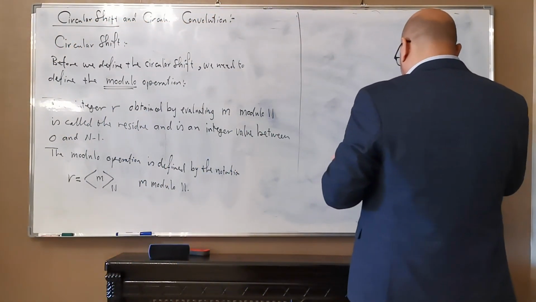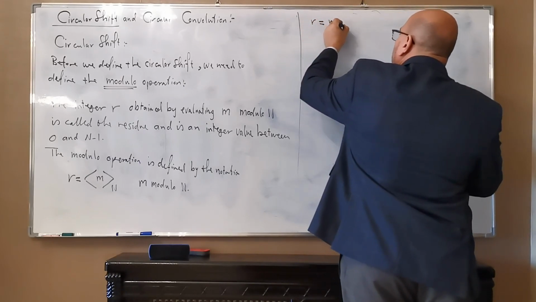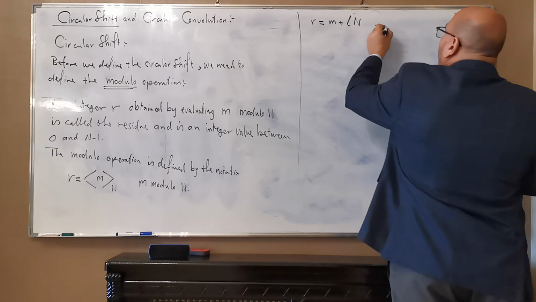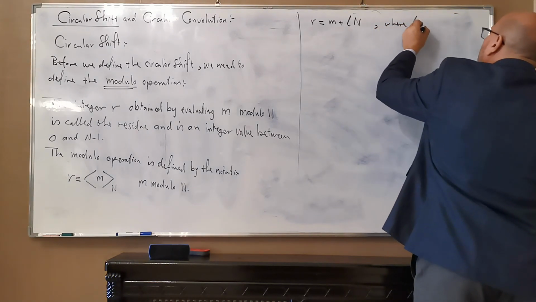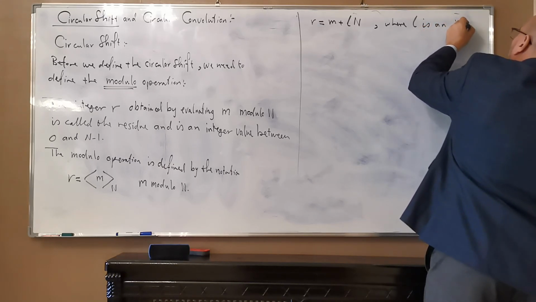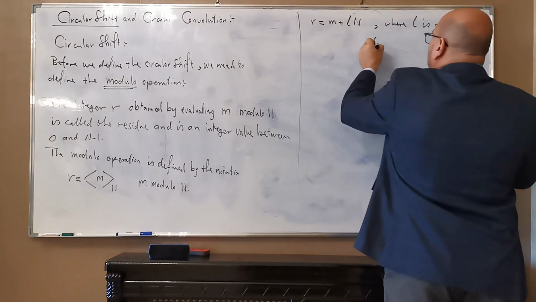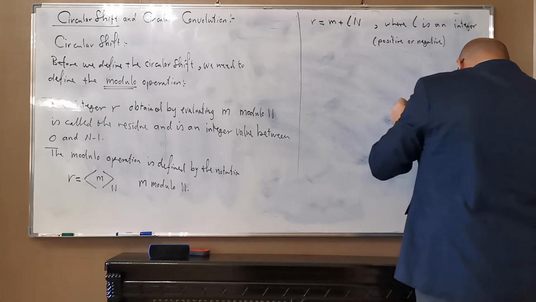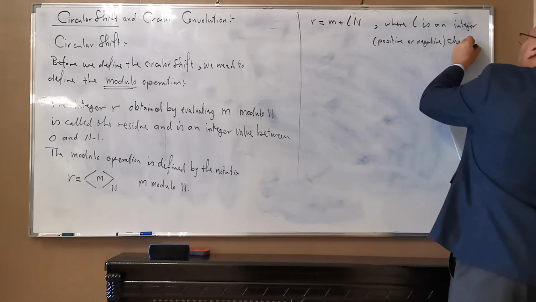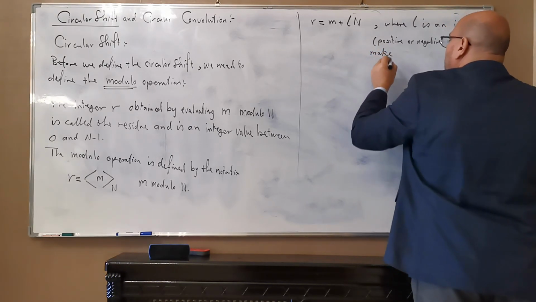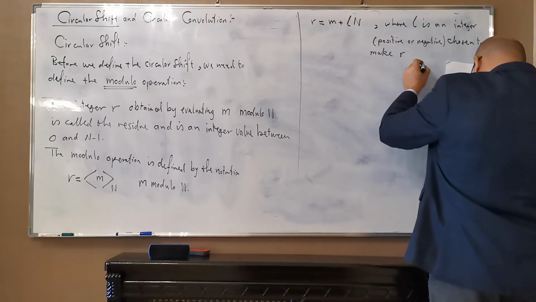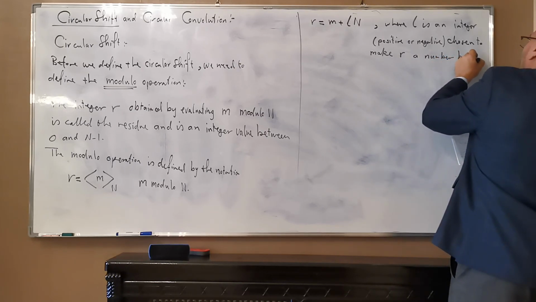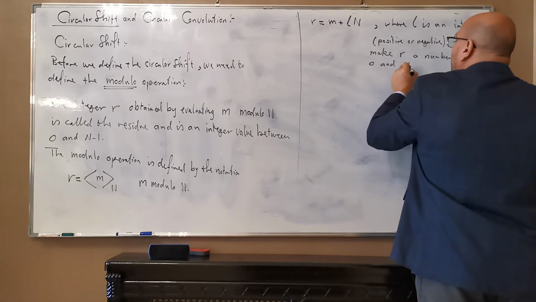What is m modulo n? It's r equals m plus some integer L times n, where L is an integer, could be positive or negative, chosen to make r a number between 0 and n minus 1.